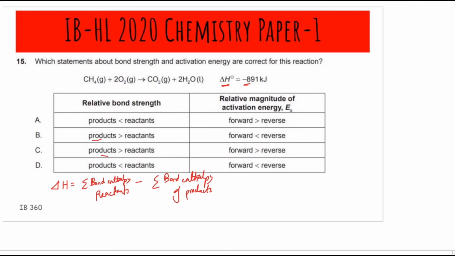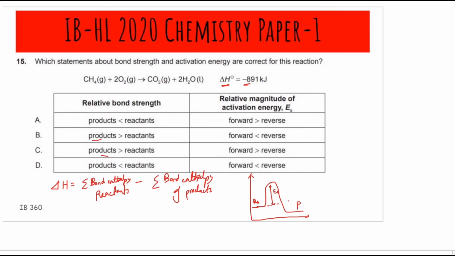Now let's check the next one, the relative magnitude of activation energy. For these questions, we can draw the activation energy curve easily. Let's say R is your reactant, this is the energy profile, and this P is the product. For the forward direction, this is the activation energy Ea.